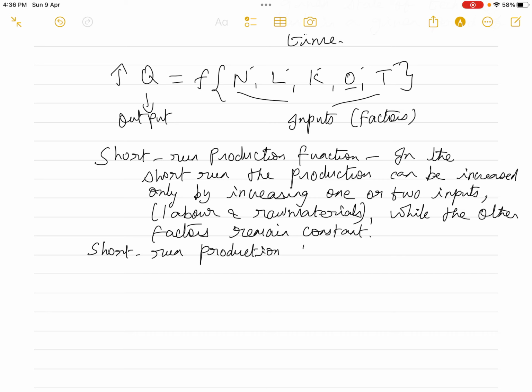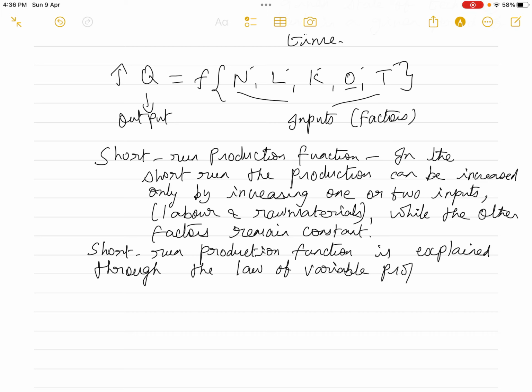Under those circumstances, how does the producer get the equilibrium point? That short run production function is explained through the law of variable proportions.